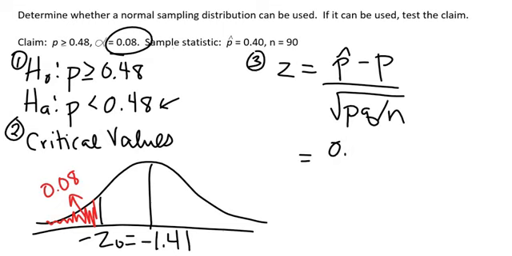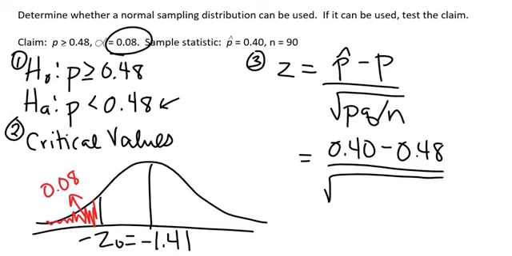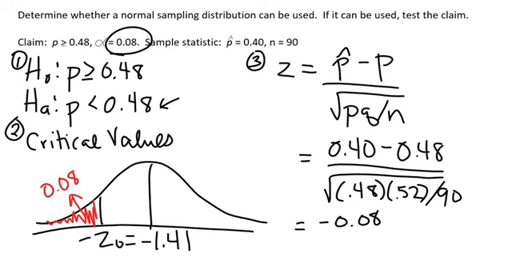P hat is 0.40, P is 0.48, so we have 0.48 times 0.52 divided by 90. So here in the numerator, I get negative 0.08. In the denominator, I get 0.0527. This is approximately equal to negative 1.52.